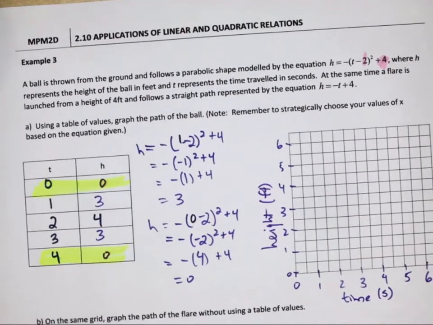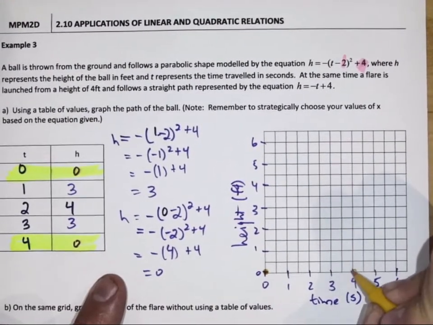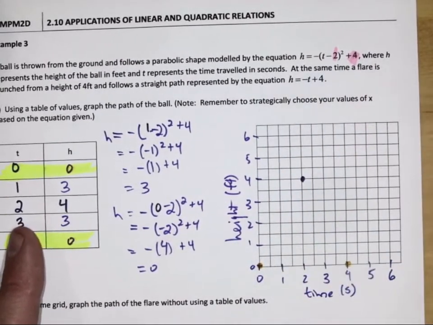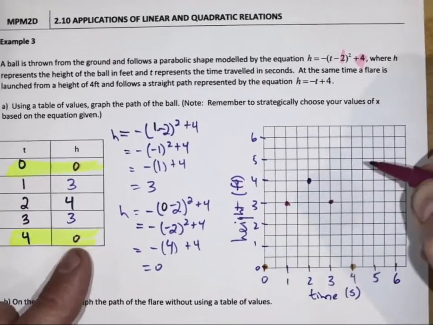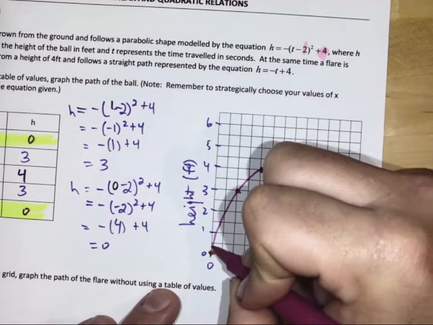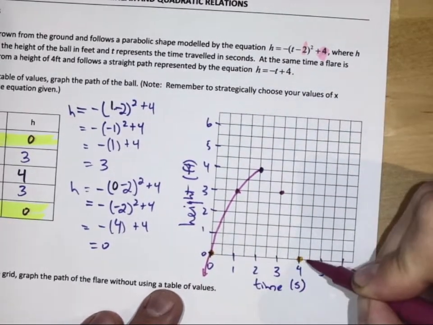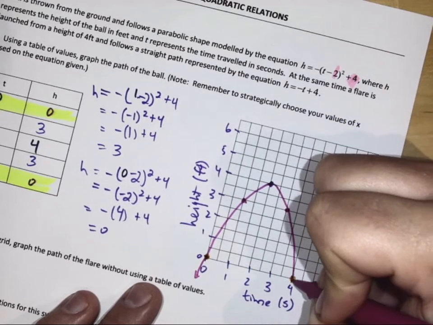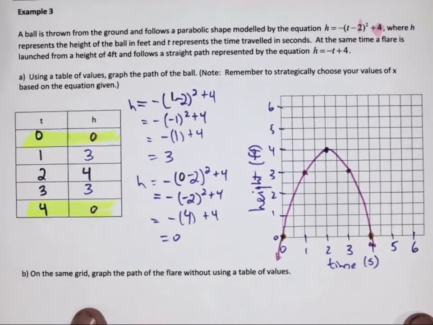Absolutely. Take my x-intercepts, 0, 0, and 4, 0. I have my vertex, 2, 4. And I have my other points, 1, 3, and 3, 3. And I draw my parabola. Again, it would continue past, but I only care about the real part, which is there. So there's my parabola drawn on the graph.